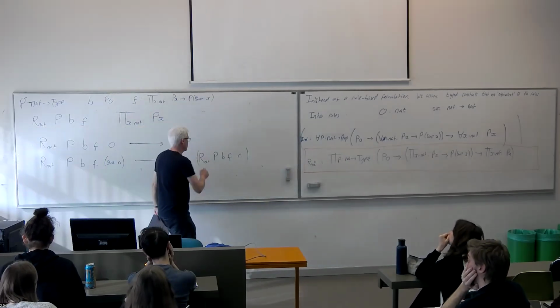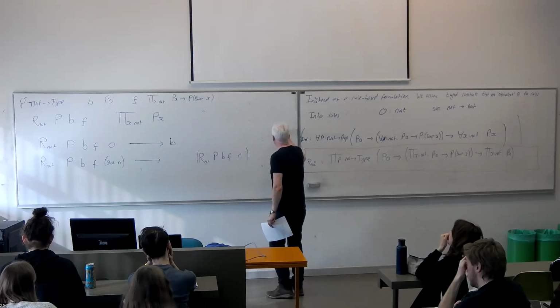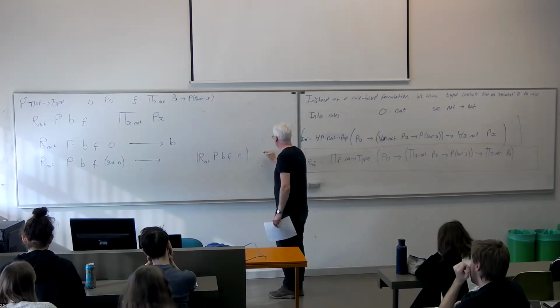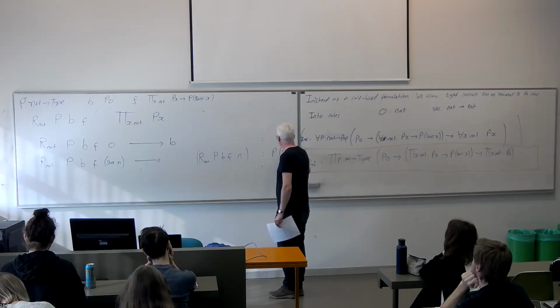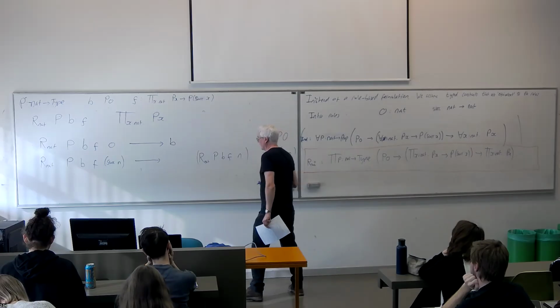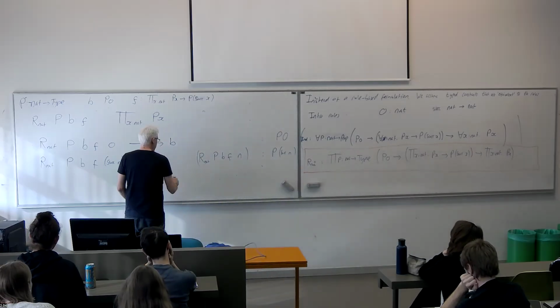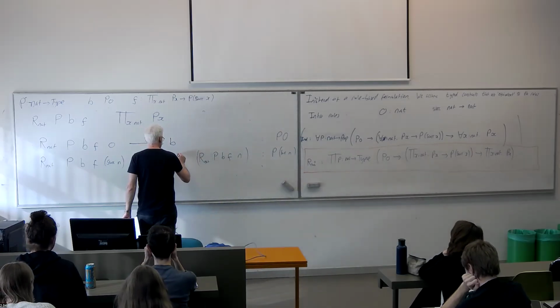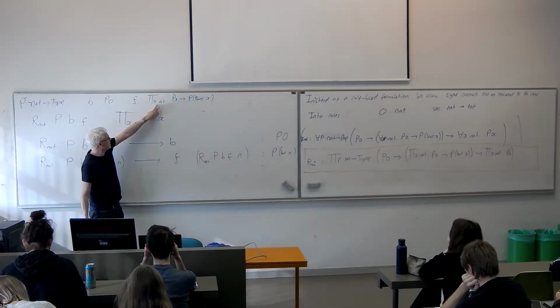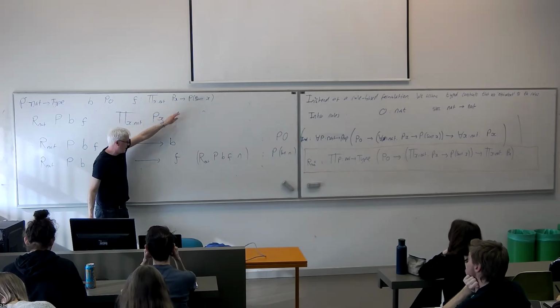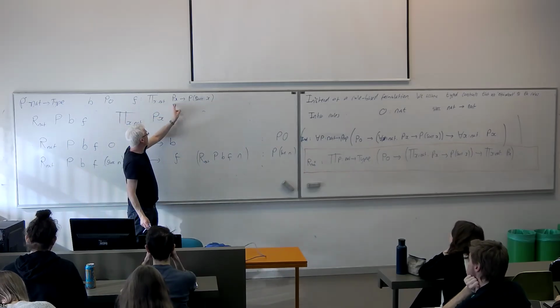So this here is an element of P0. This is an element of P of successor of n. Well, it's not yet, but we want it to be. So we want to apply f to this. And f actually takes two arguments: first a natural number, and then an element of type P of x.